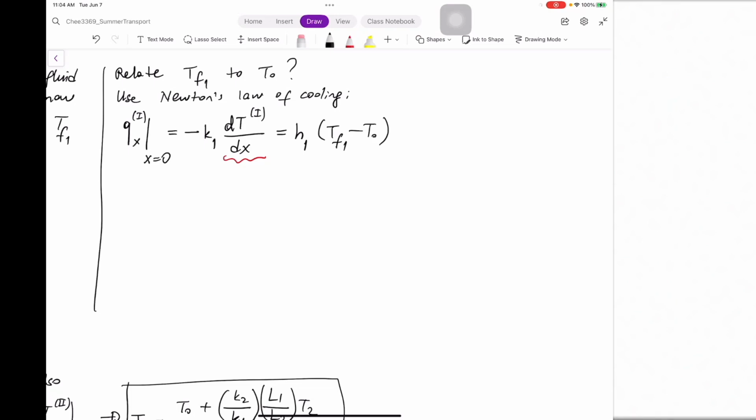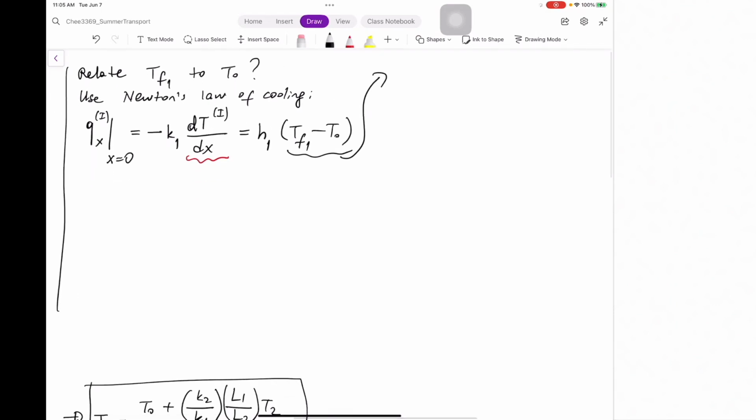Now, how do I know which one to subtract from which? Is it going to be T0 minus TF1 or TF1 minus T0? Now, let's make a comment about this. Let's be careful. It is not T0 minus TF1. And here's the reason.